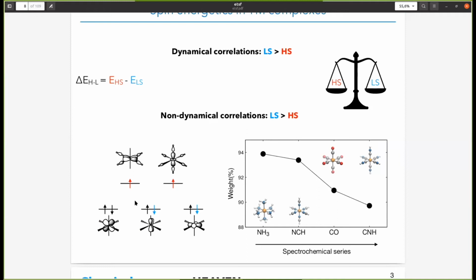So we can say that this instantaneous electron-electron interaction is linked with what we call dynamical correlation. On the other side, non-dynamical correlation is the kind of electronic correlation that we can recover by introducing more determinants in our expansion of the wave function.